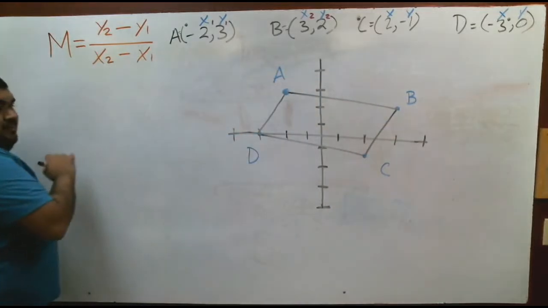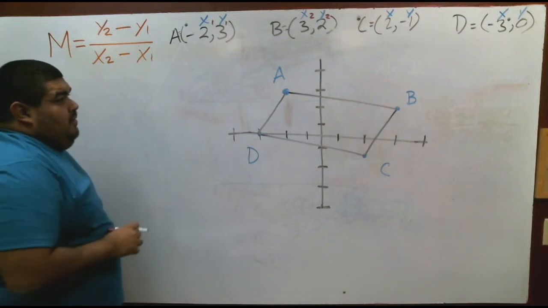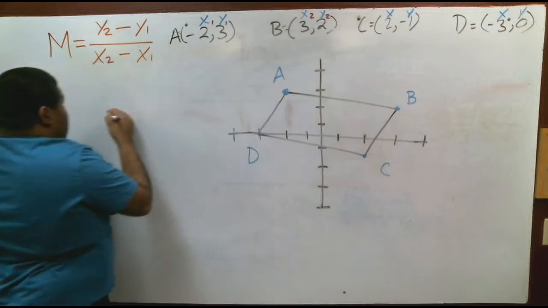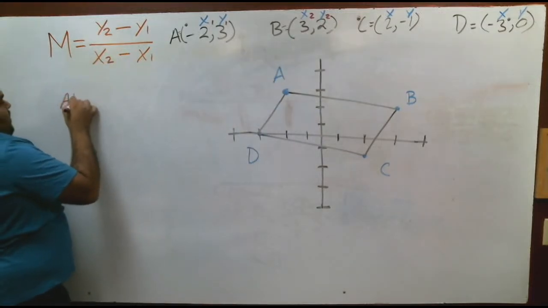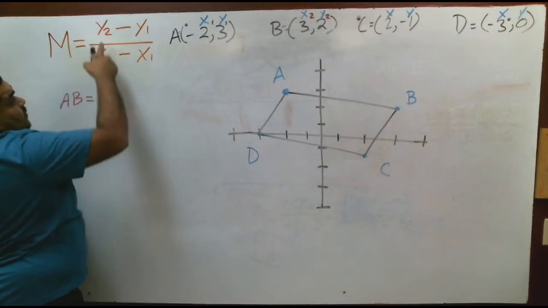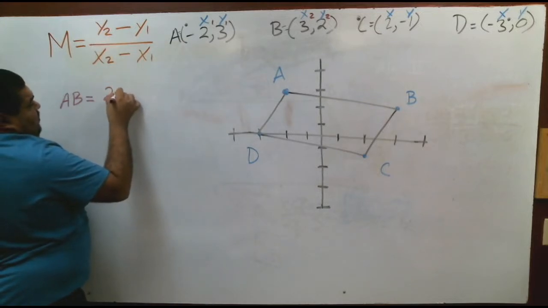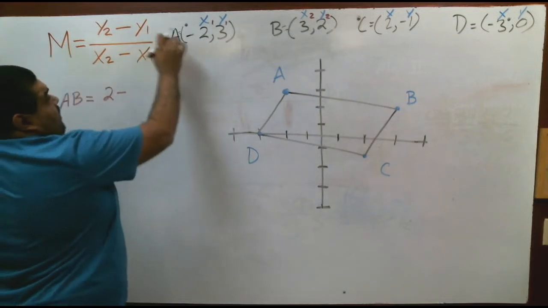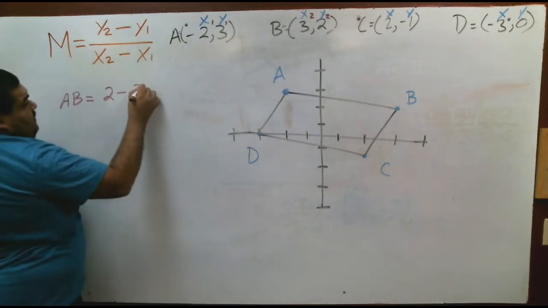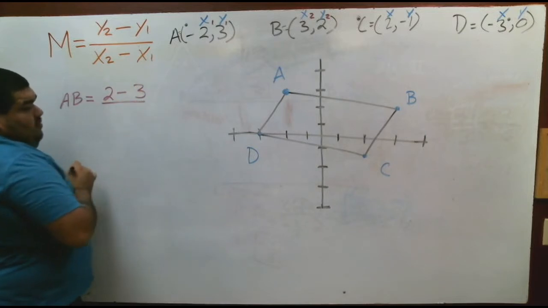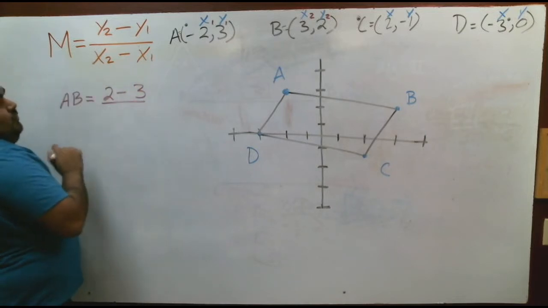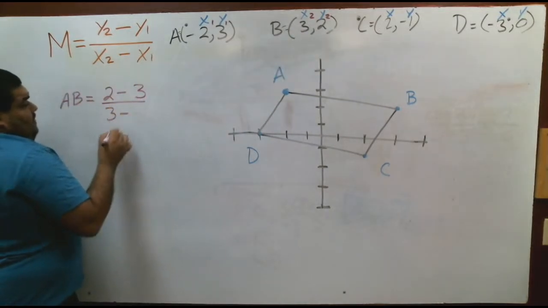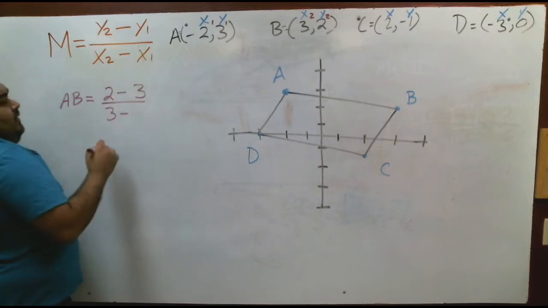So now we're going to find this top part here. We'll do it over here on the side. We're going to have A and B, which is Y2, which in this case is 2. So AB equals Y2, which is 2, minus, because remember the formula is minus Y1, which in this case is 3, okay, over X2, which is 3, because remember that's X2, minus X1.